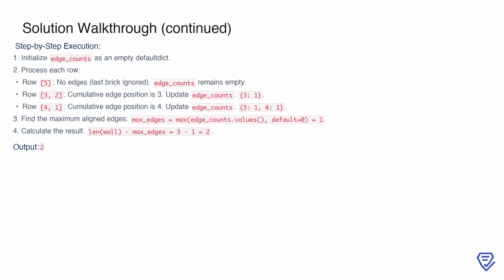The maximum number of aligned edges is therefore 1. Subtracting this from the total number of rows, 3, gives 3 minus 1 is equal to 2. This result indicates that the line will cross 2 bricks, as there is no edge alignment to reduce the number of crossings. This example highlights how the algorithm handles cases where alignment is minimal or non-existent.